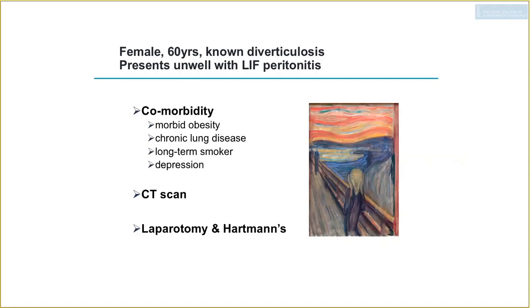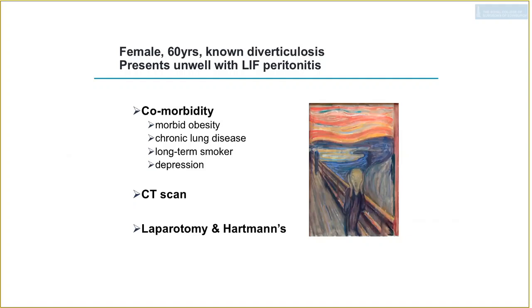She was a long-term smoker and a history of depression for which she was taking medication. And on examination, she had abdominal tenderness, particularly in the left iliac fossa where there was peritonism, and there was a suspicion of diverticulitis. And she went on to have a CT scan, and just to cut to the chase, she had an emergency operation.